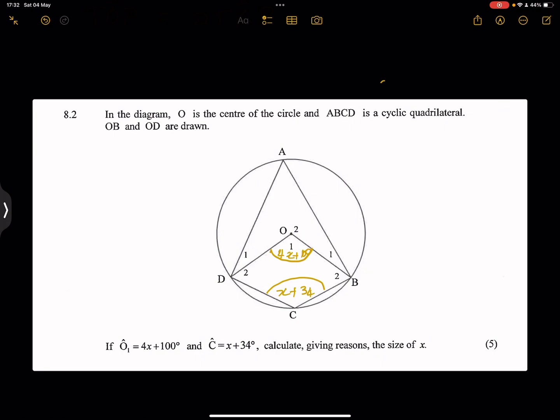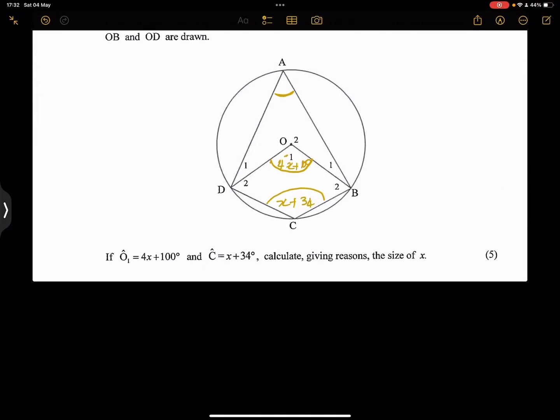Now, first of all, I want us to note, ladies and gents, the relationship between O1 and angle A. Do you see that angle at center equals twice angle at circumference? So I'm going to say O1 is equal to 2 times angle A. And why is that?